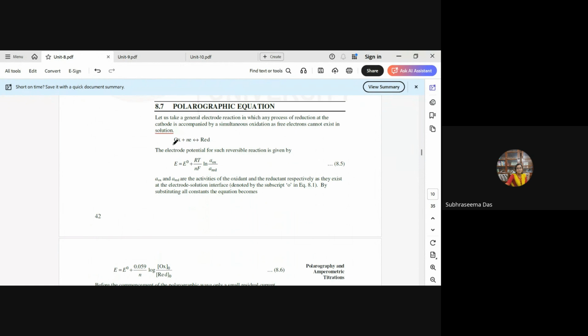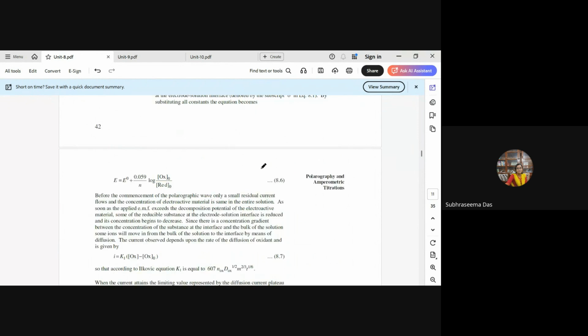That is, the oxidant plus n number of electrons gives rise to the reductant. So the cell potential for this reversible reaction can be given as E = E0 + RT/nF ln of activity of the oxidant by activity of the reductant.